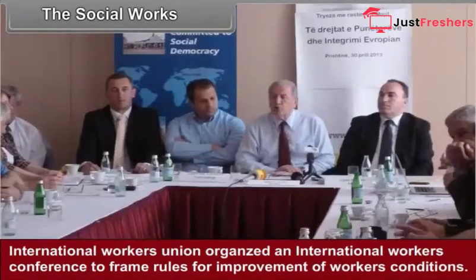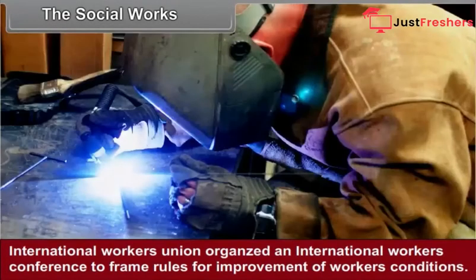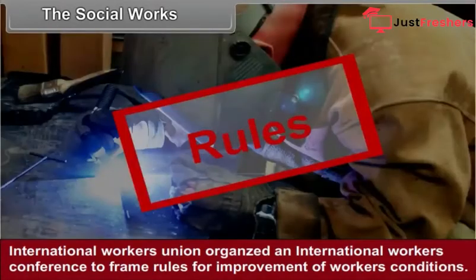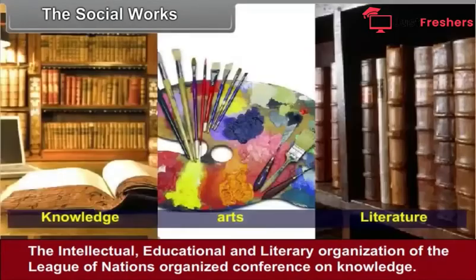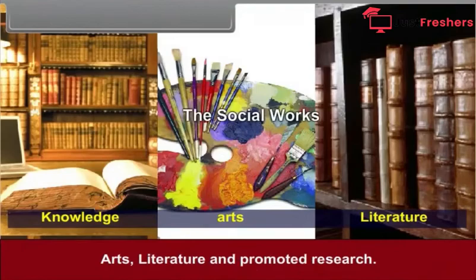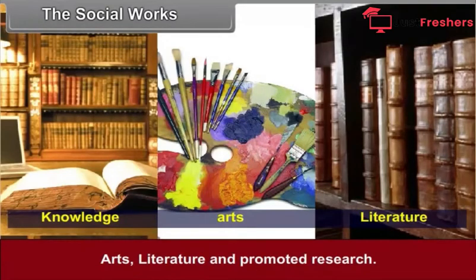The International Workers' Union organized an International Workers' Conference to frame rules for improvement of workers' conditions. The Intellectual, Educational, and Literary Organization of the League of Nations organized conferences on knowledge, arts, literature, and promoted research.